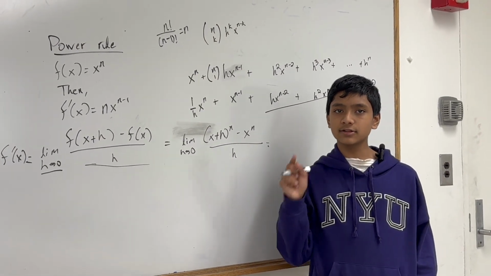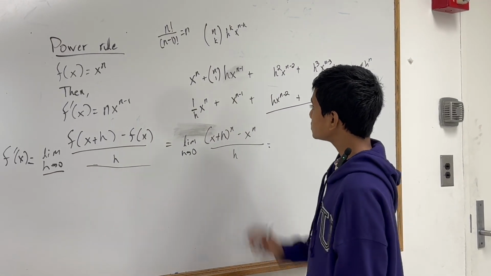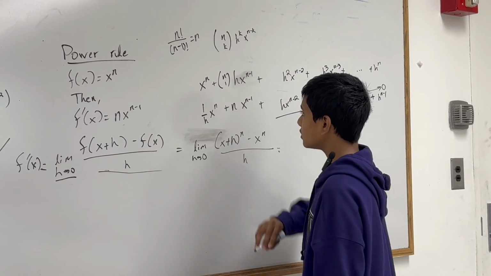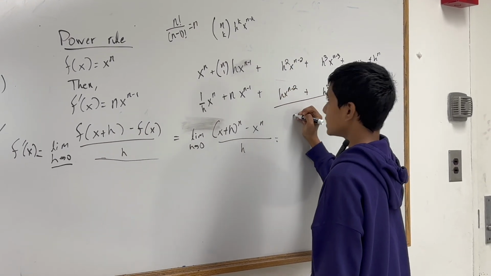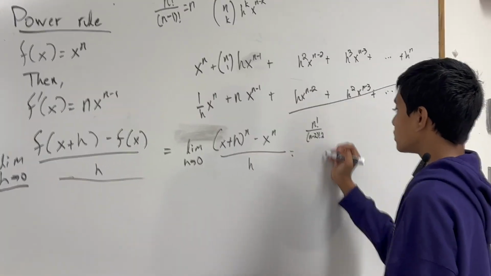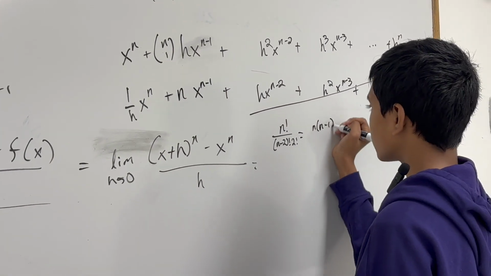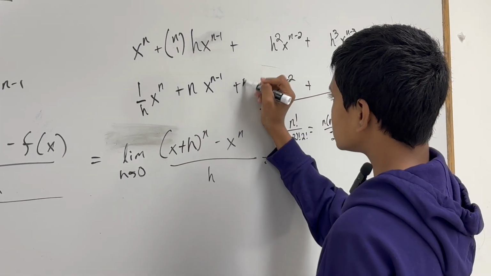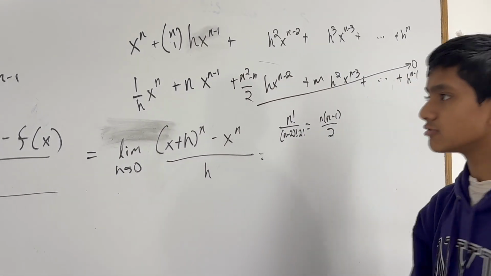How many ways are there to choose exactly 1? That's right, just n. So that means we get n over here, and the next one is n factorial over (n minus 2) factorial times 2 factorial, which is equal to n times (n minus 1) over 2. But whatever these are, they don't really matter because they're all going to approach 0 anyway.